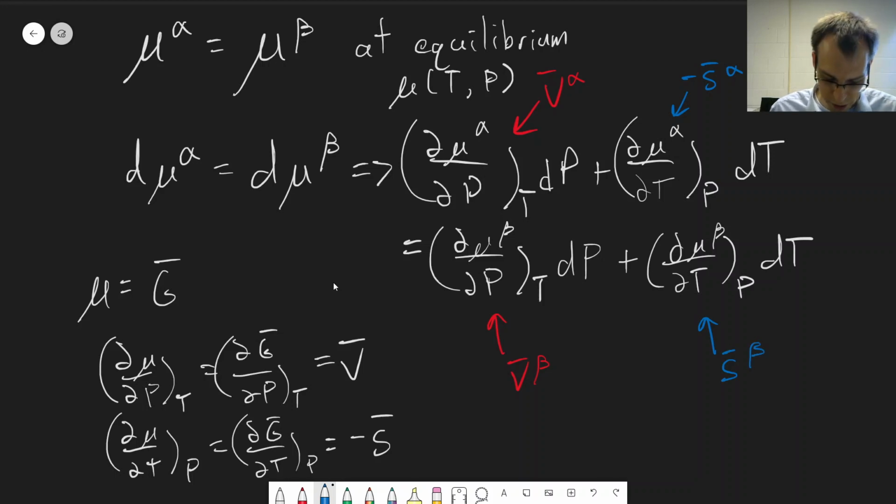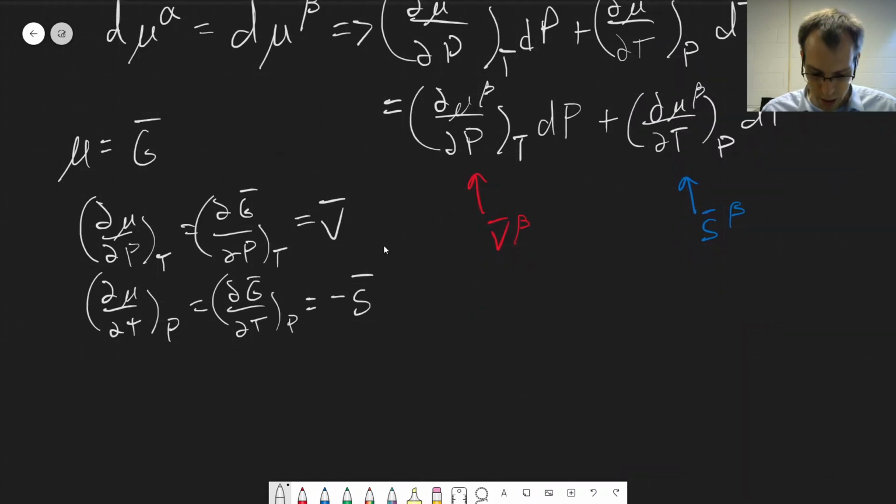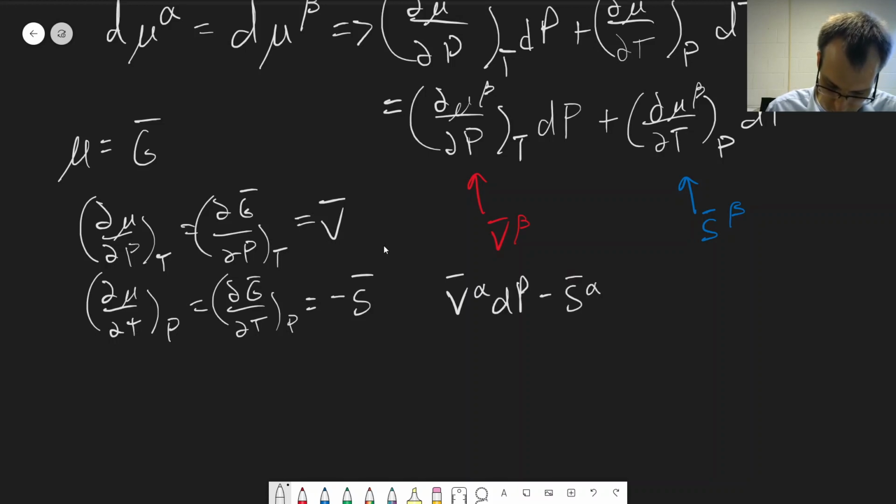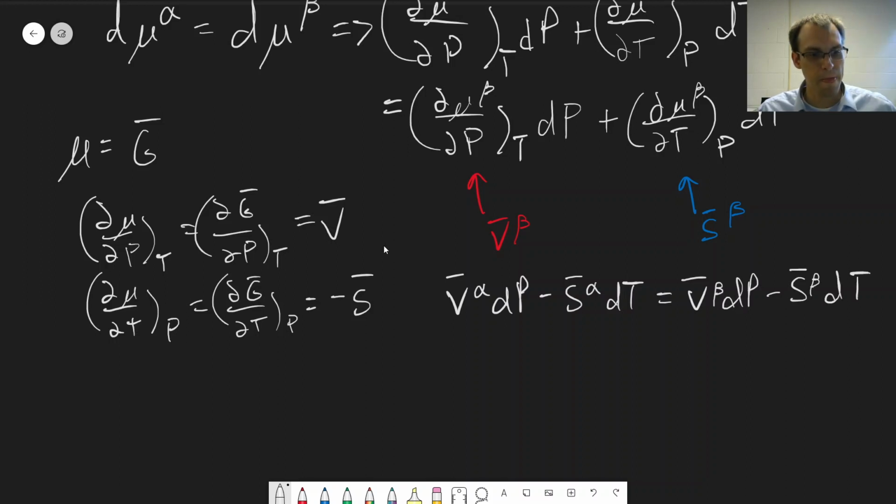And we can make the substitution here. Okay, so we have V bar alpha dP minus S bar alpha dT is equal to V bar beta dP minus S bar beta dT.